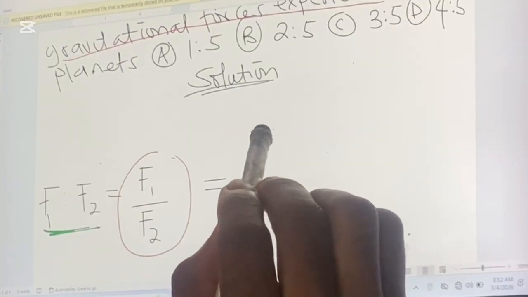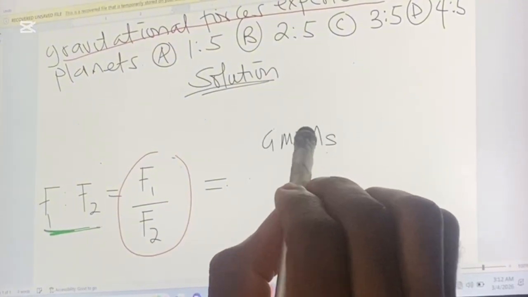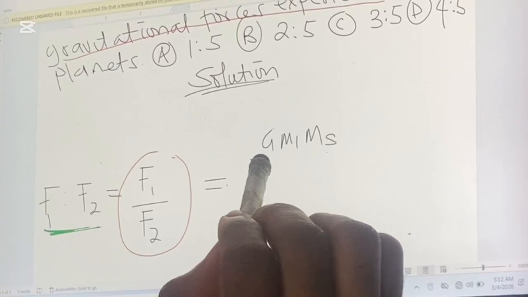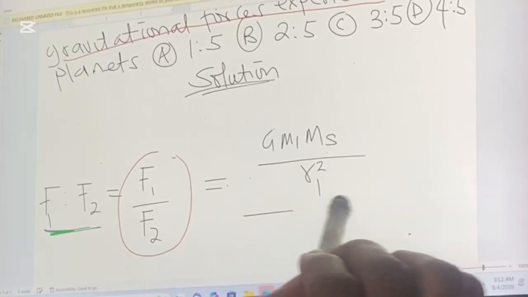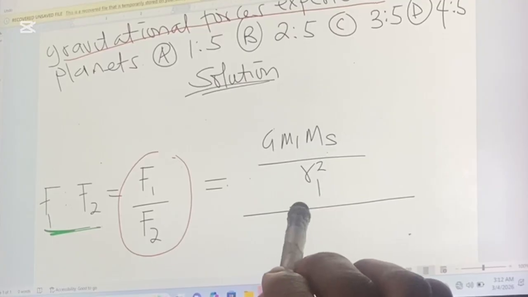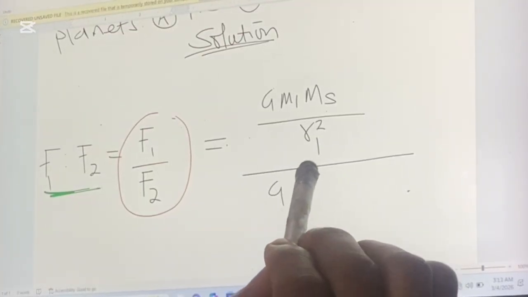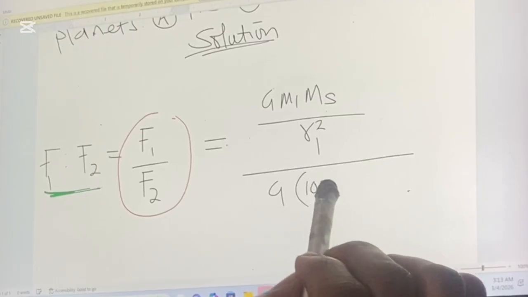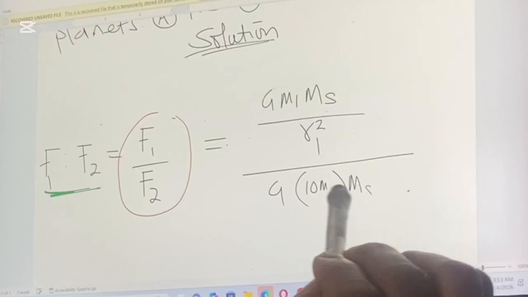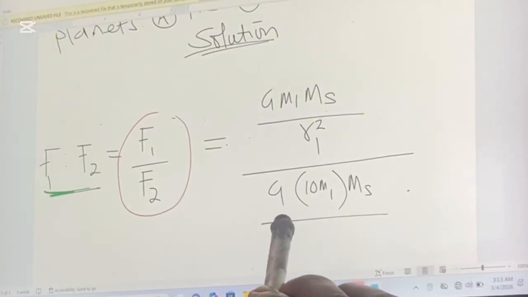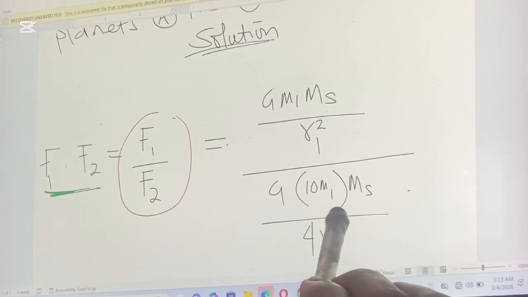F1 is G M1 M sun over r1 squared, over, for this, G into, anywhere I see M2, I will replace with 10 M1. Please take note of that, of M sun over 4 r1 squared.